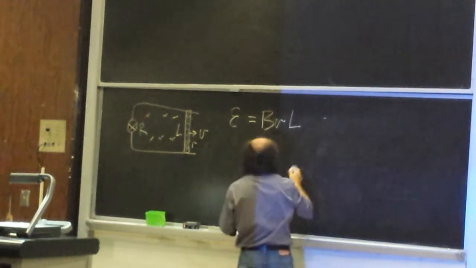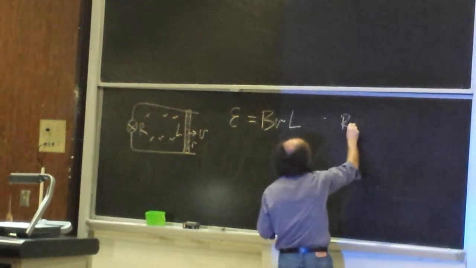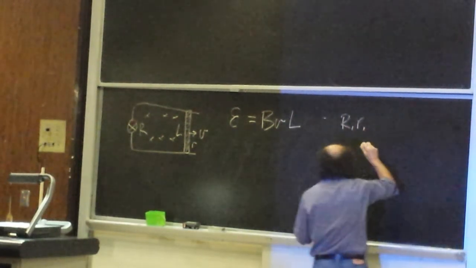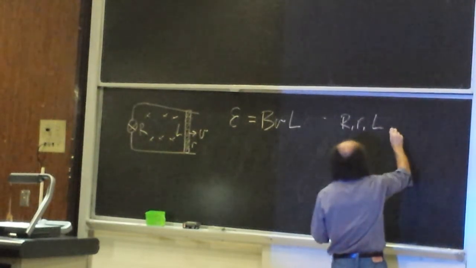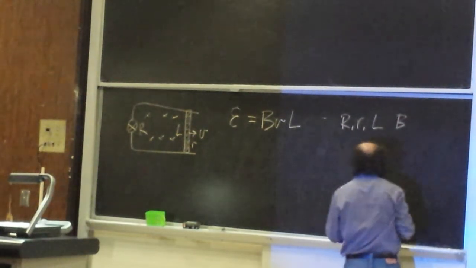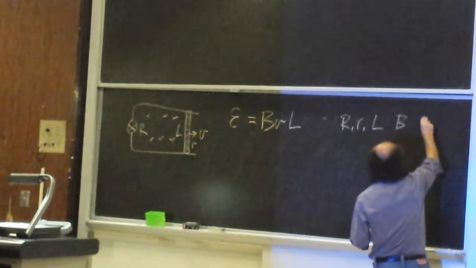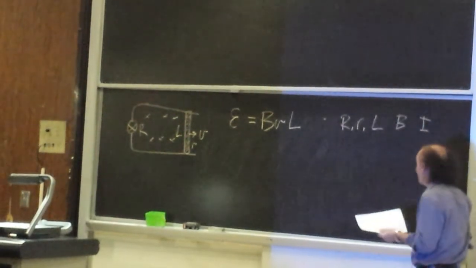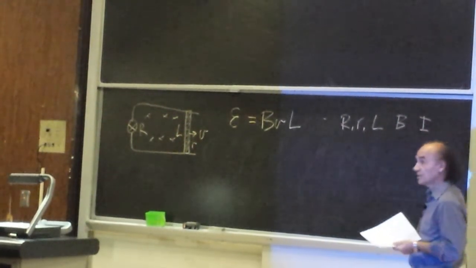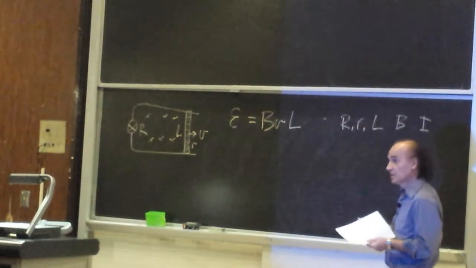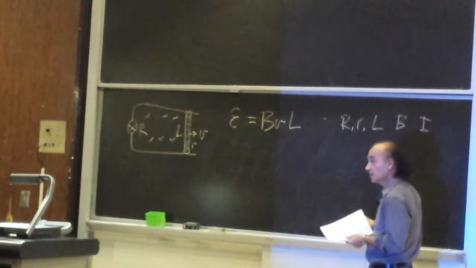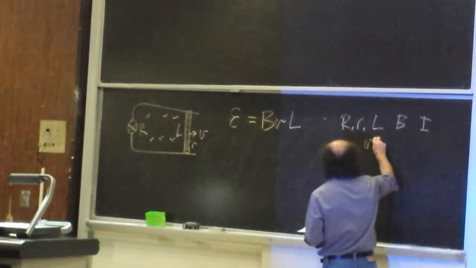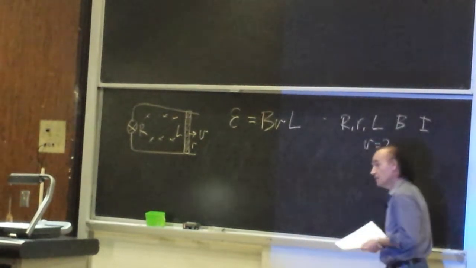Now suppose this is the total voltage. Suppose these two resistances, external and internal, are given, the length is given, the magnetic field is given, and you know that you are moving it with a certain velocity, you are creating a current. You know that current, but you don't know at what velocity you should move it.